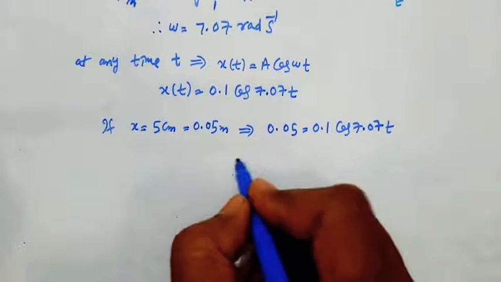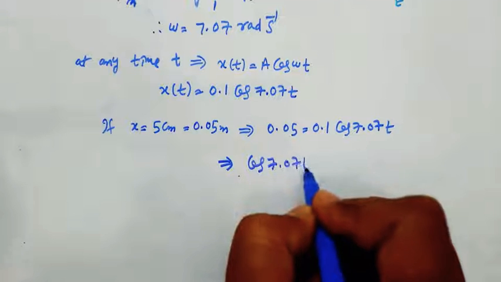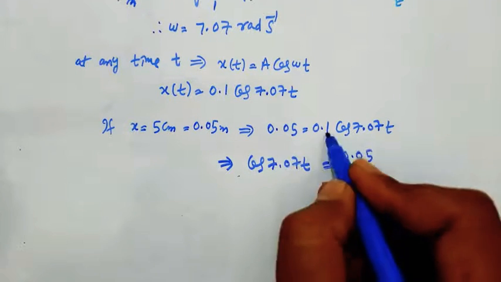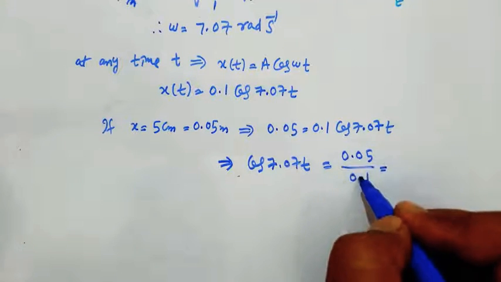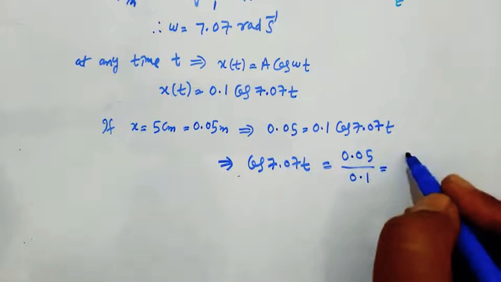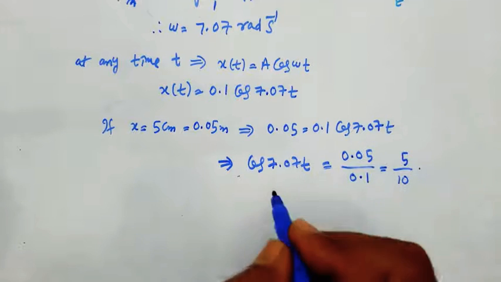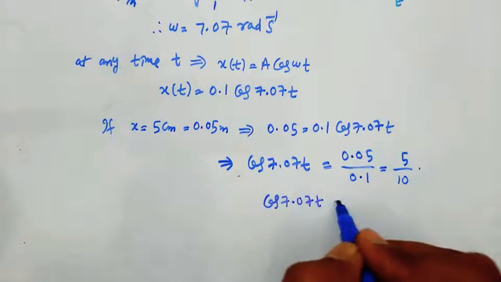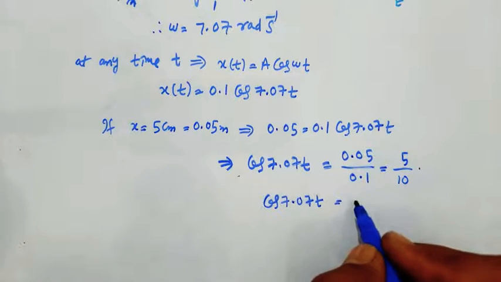From this, cos 7.07 t is equal to 0.05 by 0.1. If we remove the point, it is 5 by 10. So cos 7.07 t is equal to 0.5.